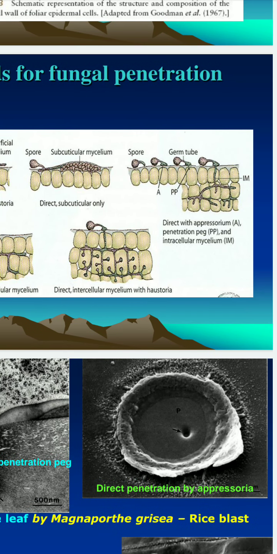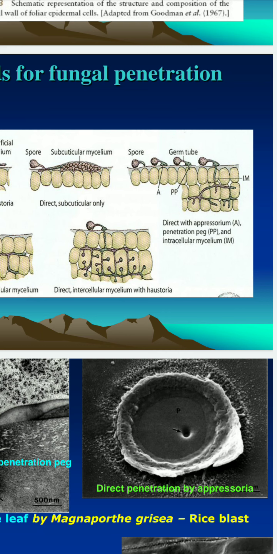Many times fungal mycelium forms germ tubes, and these germ tubes enter inside the cells or in between the cells, through the formation of an appressorium, or they can enter the host cells directly. The mycelium may remain in the intercellular spaces or go into the cells.